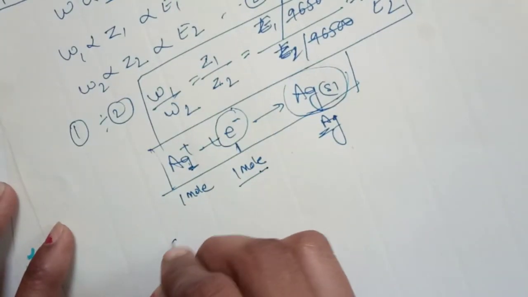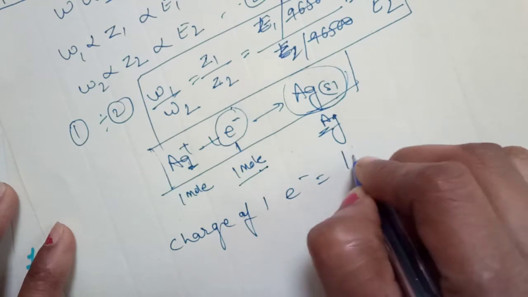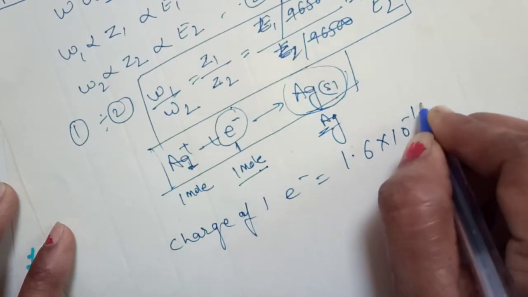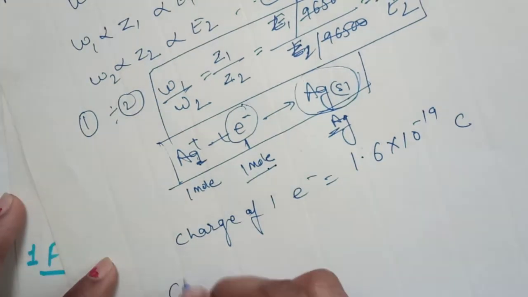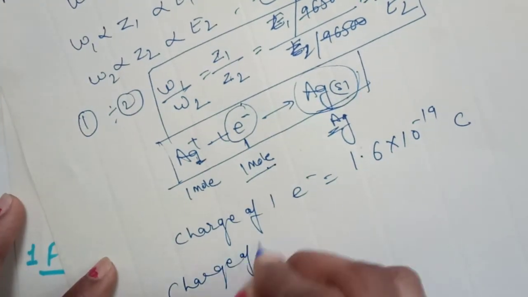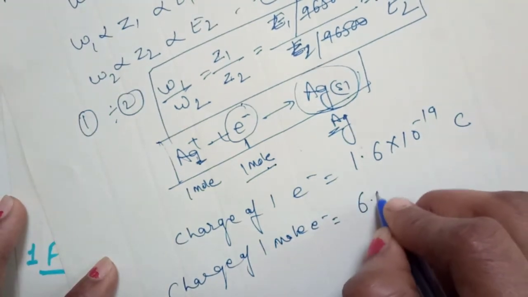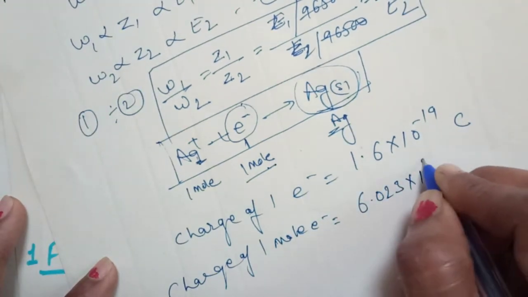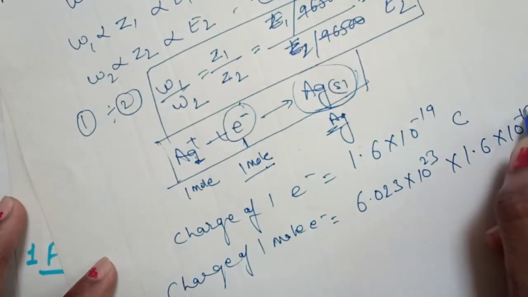Then what is the value of the charge of 1 mole of electrons? The charge of 1 electron is 1.6 into 10 to the power minus 19 coulombs. 1 mole means the Avogadro number, 6.023 into 10 to the power 23.